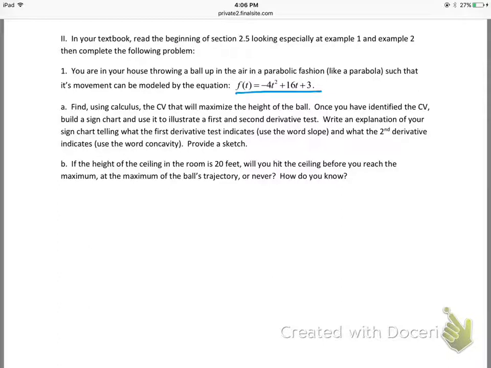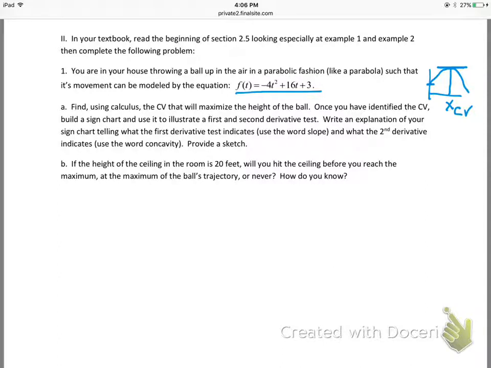It's a parabola, and it is downward facing with a starting point at a y-intercept of 3. I know that where the slope is 0, that's where my x critical value is. Okay? So I'm going to now identify the critical value.